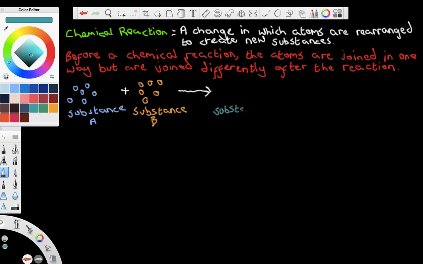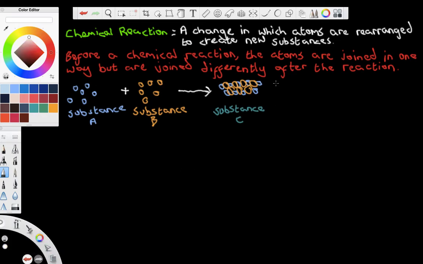So we've got substance C, and substance C will consist of lots of orange ones joined to lots of blue ones, which I'll draw the orange ones in a second. So we've gone from having substance A and substance B separate to now having them joined together. We've rearranged the atoms. So because we've got the atoms in a different rearrangement, this is therefore a chemical reaction.